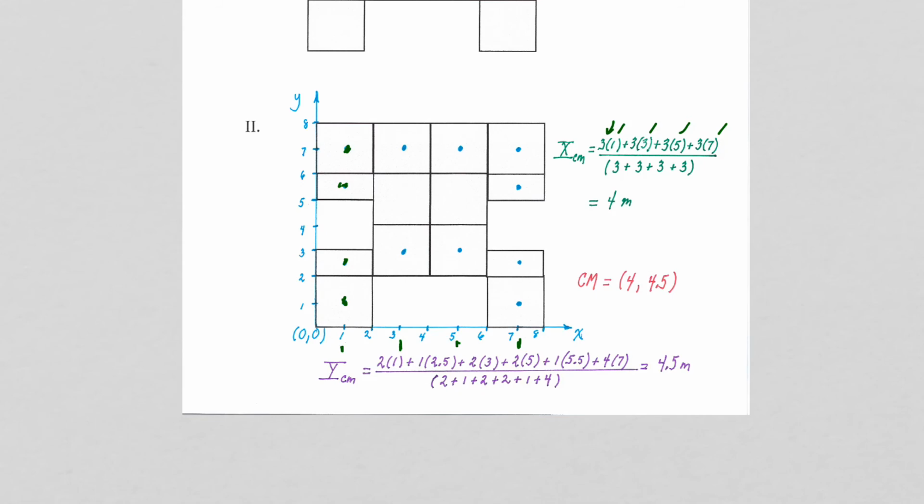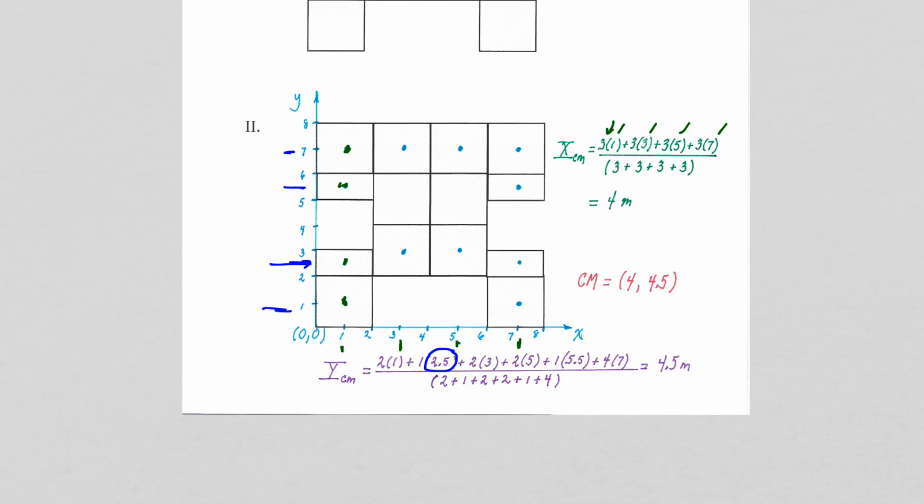And we just continue along in this fashion. Now in the y direction, we have position 1. Here we have to be a little careful. We have position 2.5. So that's why we have the 2.5 down here. And then we have position 5.5, 5.5. And we have position 7.